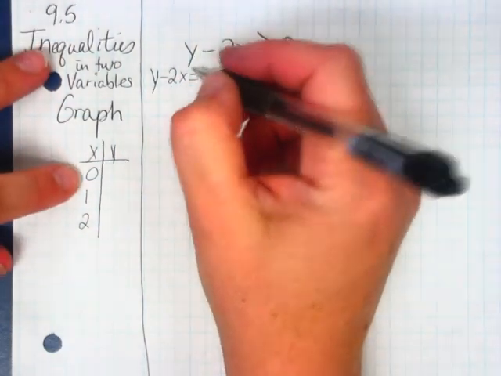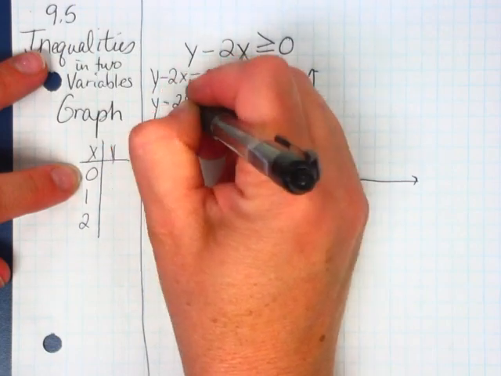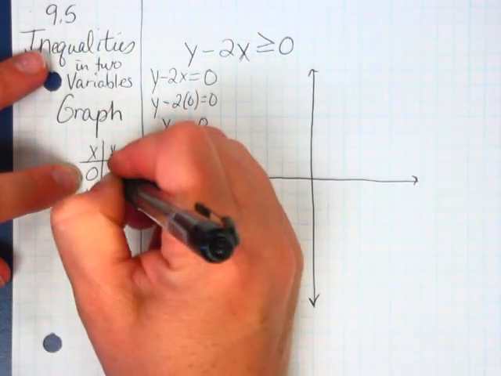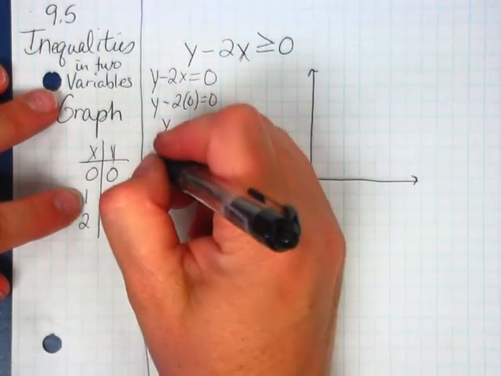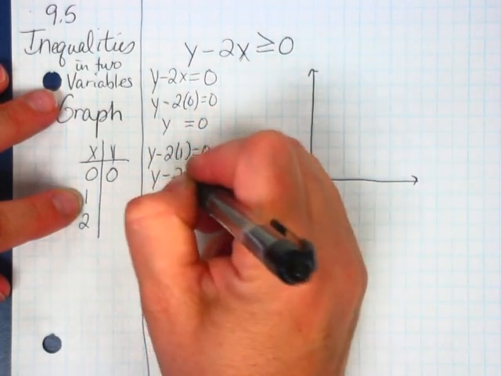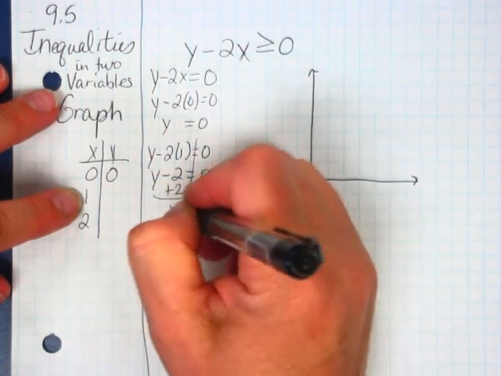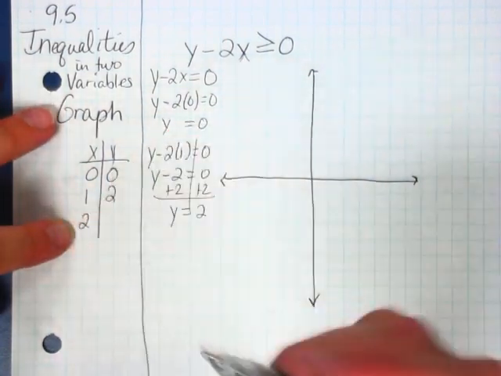We're going to plug in x is 0 and see what happens to y. So y minus 0 would be y, so we get 0. Plug in 2 times 1. Y minus 2 equals 0. Add 2 to both sides. Y equals positive 2.